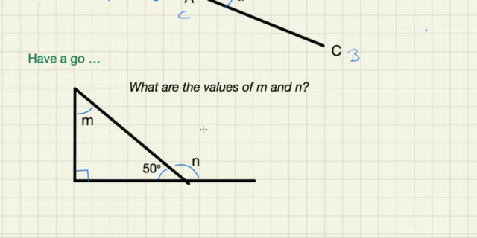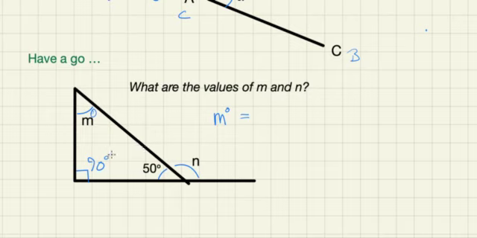So let's give this question a go. So what is the angle m? We can write this out as m degrees equals. Now how many angles here do we know? Well, we don't know this one. We know that one because that's 90. And we know this one. So where there is one unknown and two knowns, we can work out what the unknown is. So here we go.